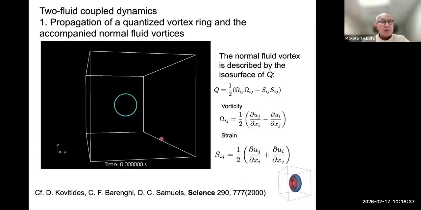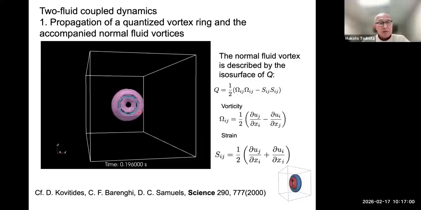So I will show the typical results of the two-fluid coupled dynamics. So this is a propagation of the quantized vortex rings and the accompanying normal fluid vortices. These blue lines show the quantized vortex rings, which propagate and shrink, and accompany the normal fluid vortices.